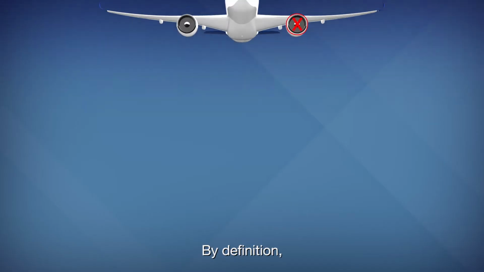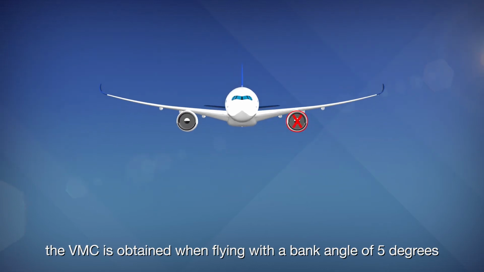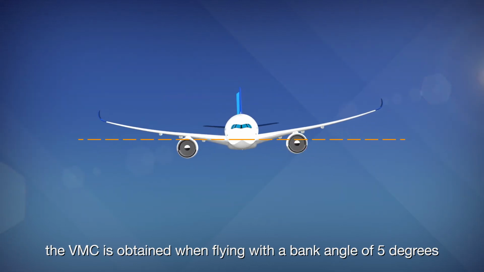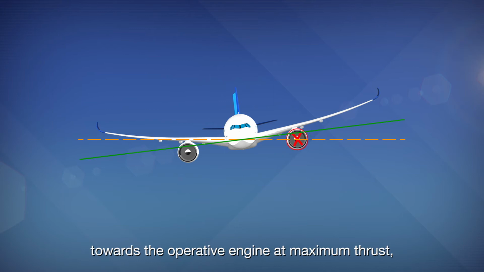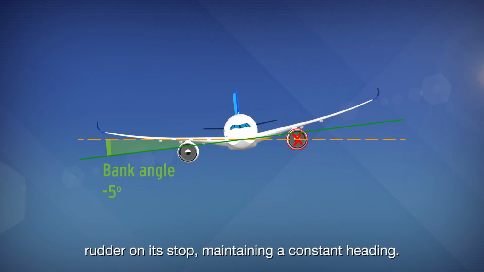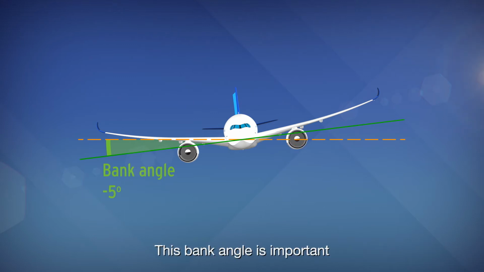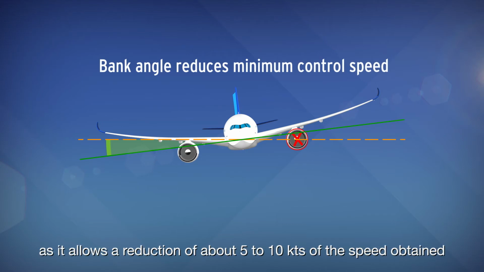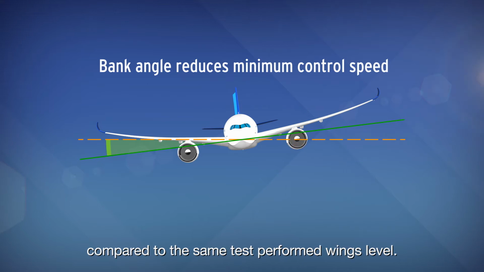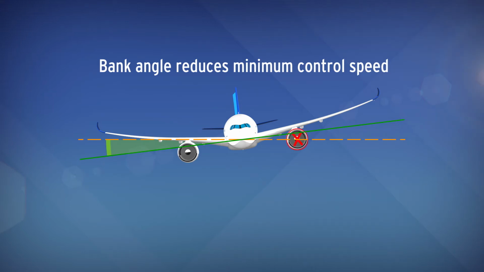By definition, the VMC is obtained when flying with a bank angle of 5 degrees towards the operative engine at maximum thrust, rudder on its stop, maintaining a constant heading. This bank angle is important as it allows a reduction of about 5 to 10 knots of the speed obtained compared to the same test performed wings level.